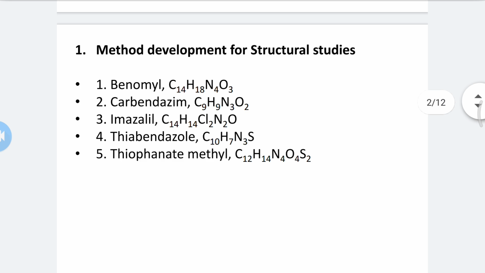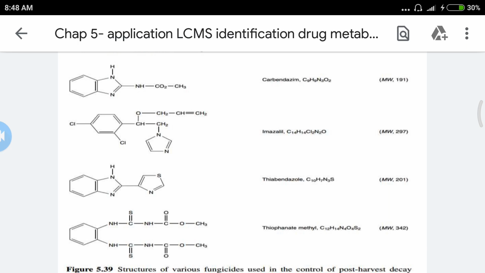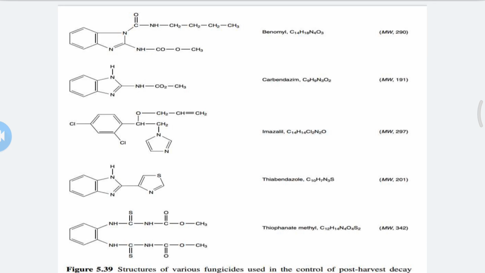In this, APCI, atmospheric pressure chemical ionization, and electron spray ionization interfaces have been compared for the analysis of 10 pesticides.